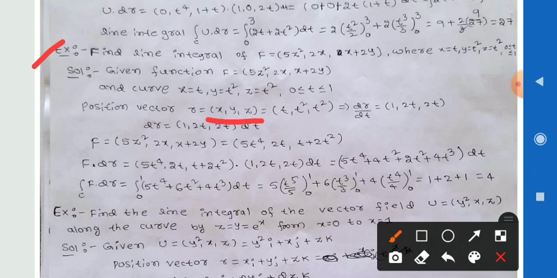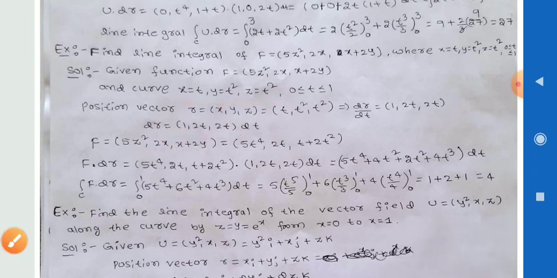Substituting the given values, we get x is equal to t, y is equal to t^2, and z is equal to t^2. By differentiating the position vector with respect to t, we get dr by dt equal to (1, 2t, 2t), and writing this, dr is equal to (1, 2t, 2t) dt.